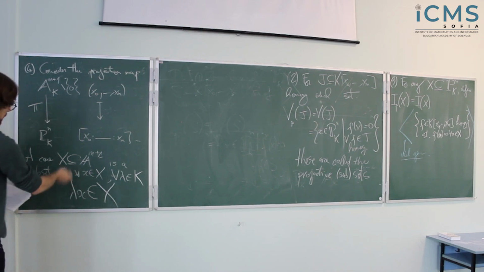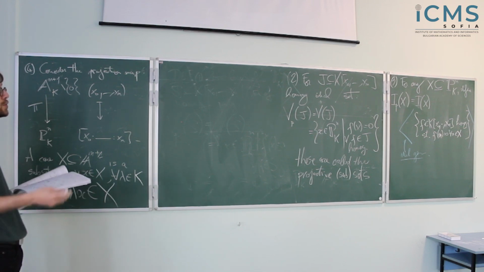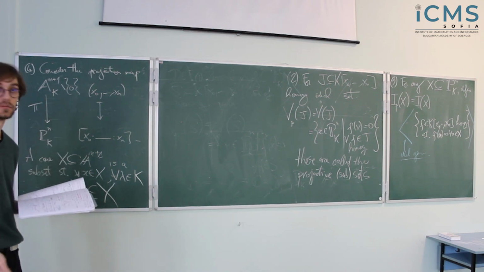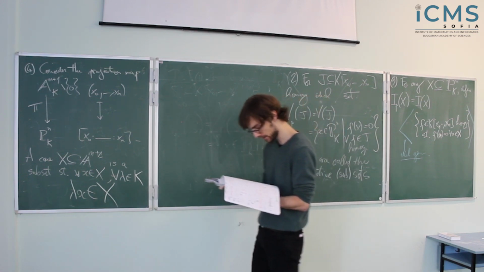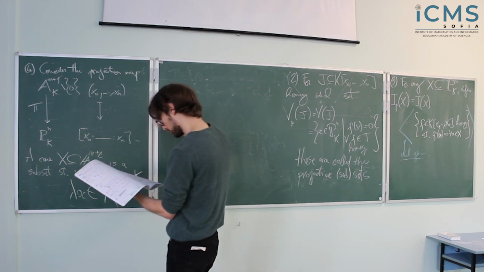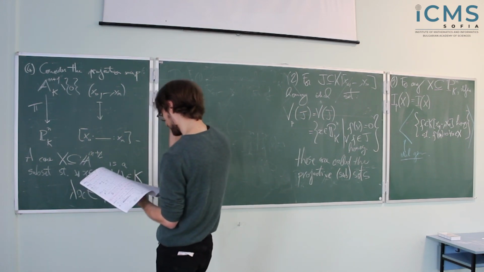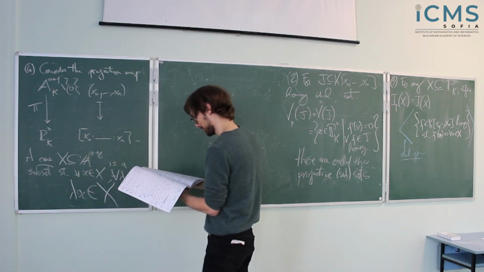So you can consider X as being somewhat of a union of lines going through 0. Okay, I'll give some notions and then we'll see what this means afterwards.